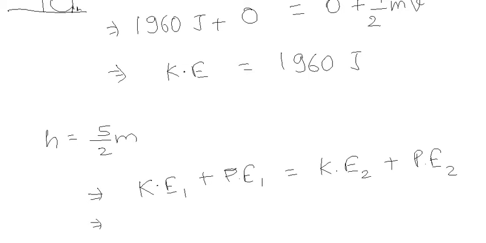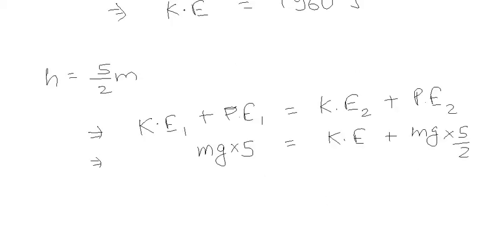At height 5, it is mg5, and at height 5 by 2, it is mgh, which means mg cross 5 by 2.